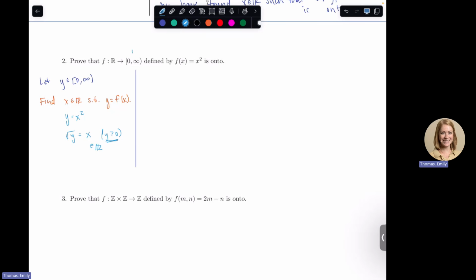If this was from R to R, it would not be onto, because at this point we wouldn't be able to say that x is in our domain, because it would not always be. For certain values of y, specifically negative ones, they wouldn't have a pre-image.